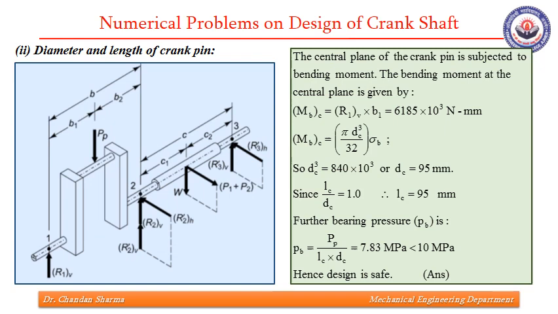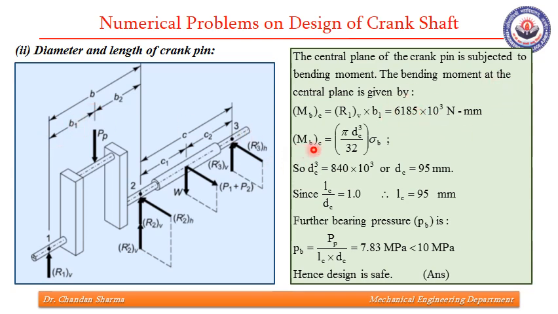Next step, we need to find the diameter and length of the crank pin. We have discussed that the central plane of the crank pin is subjected to a bending moment, and the bending moment at the central plane is given by this reaction R1V into distance B1. So we have calculated this.